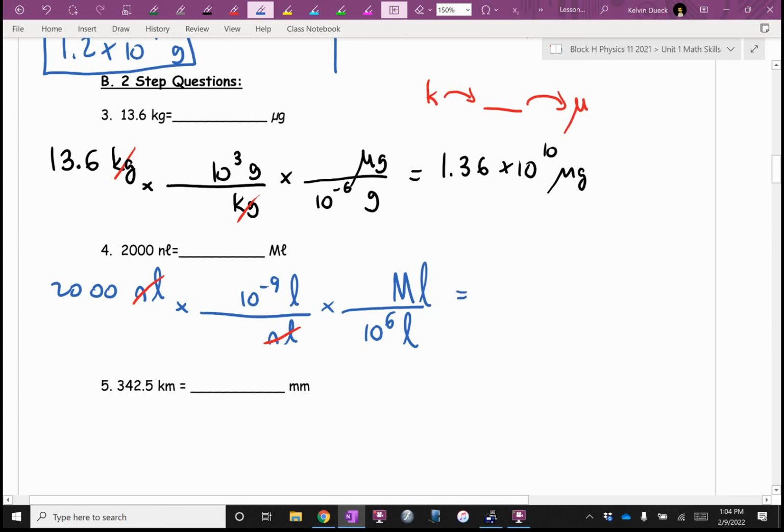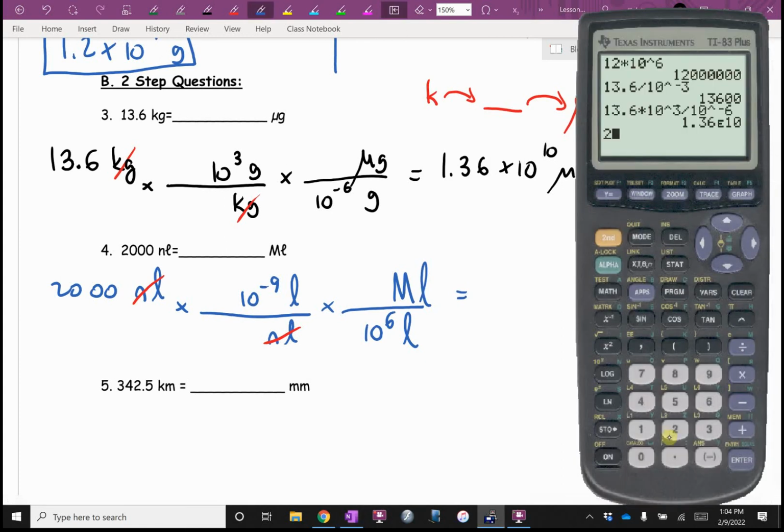So on our calculators, it's going to be 2,000 times 10 to the negative 9 divided by 10 to the 6th. And I got a typo. Come on, Mr. Duick. 2,000 divided by 10 to the 6th.